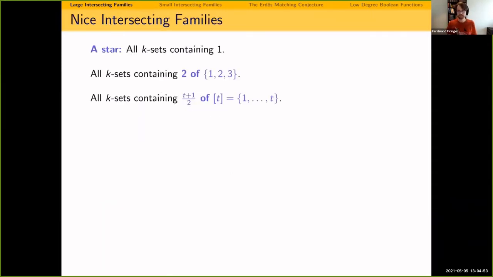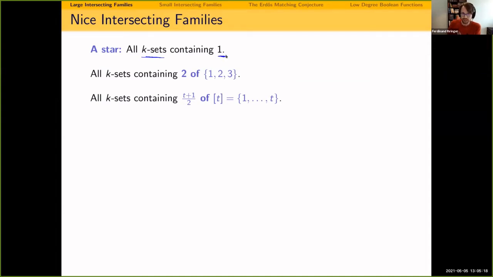So first, I want to start by discussing nice intersecting families. We have seen in Karen's talk and in Nathan's talk that the nicest intersecting families are always things like, for sets, all k-sets which contain one element. And there are other nice families like that. Here they all intersect because they contain the element 1.